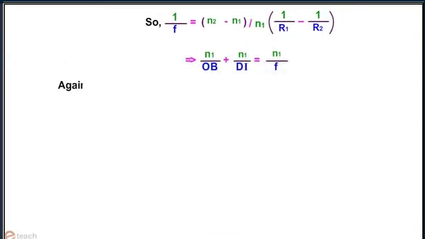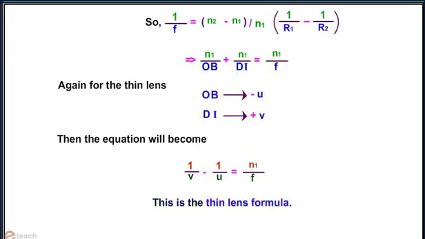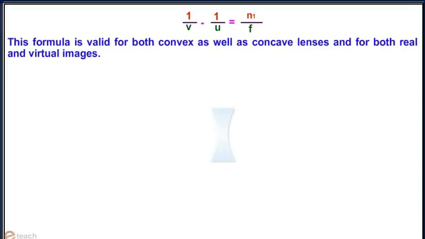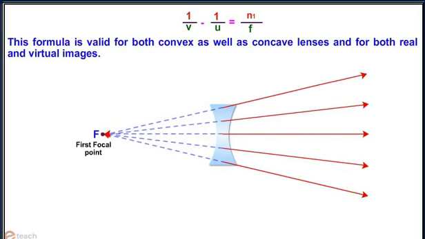This implies N1 by OB plus N1 by DI equals N1 by F. Again, for the thin lens, OB is minus U and DI is plus V. Then the equation will become 1 by V minus 1 by U is equal to N1 by F. This is the thin lens formula. This is valid for both convex as well as concave lenses and for both real and virtual images.